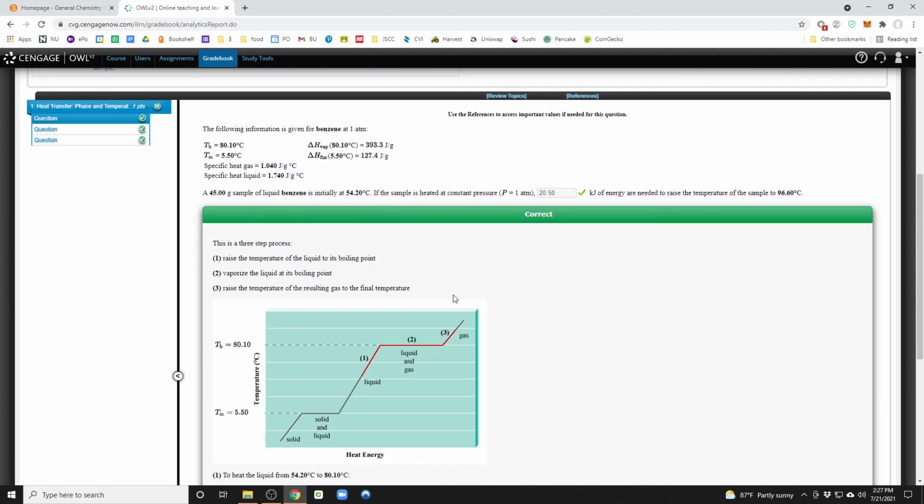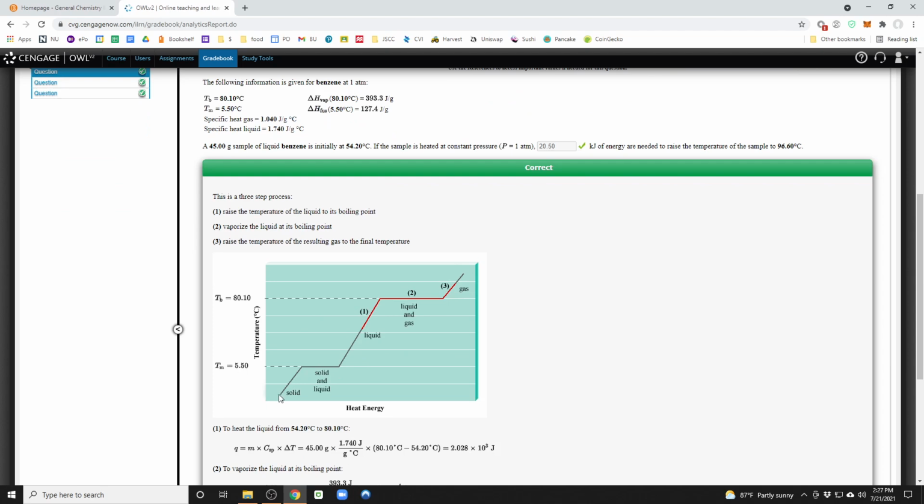So the first thing that I always do whenever I do these is I essentially just trace a little line here, and that's a heating curve, or a heating plot. This right here is where it's solid and you're heating it up.